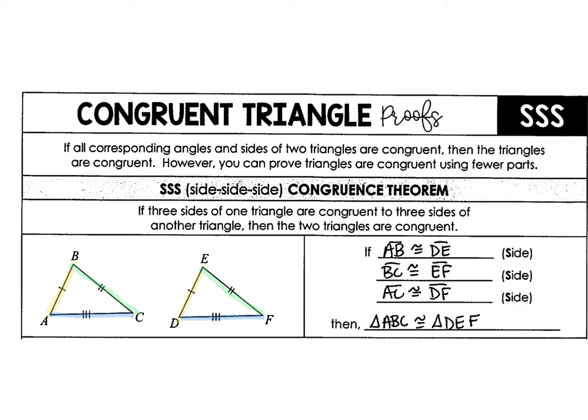And so if you look here, AB is congruent to DE, BC is congruent to EF, AC is congruent to DF. If you know that and can prove those three sides, then you can say, by the side, side, side theorem, which is what this guy is, I know that the two triangles themselves are congruent. And so that's the first way we're going to prove triangles are congruent.